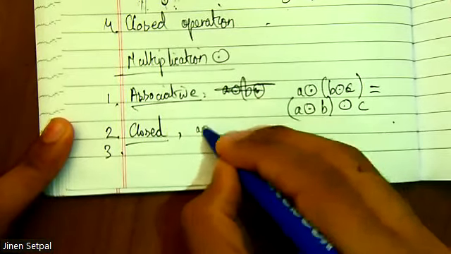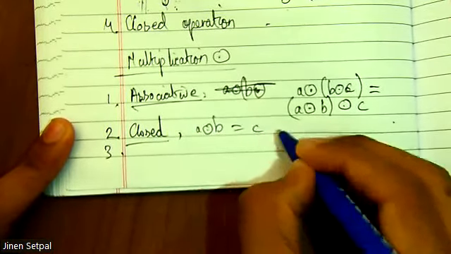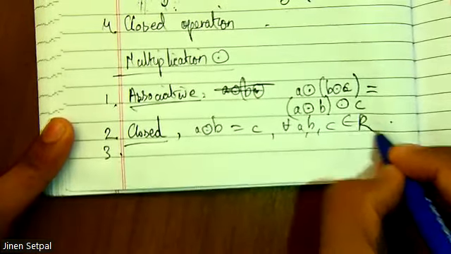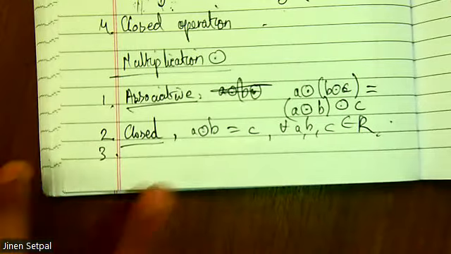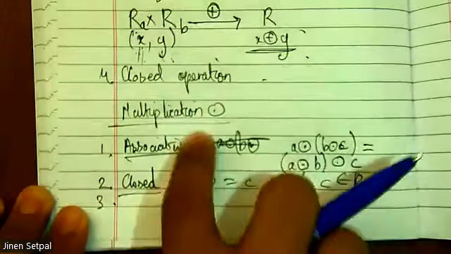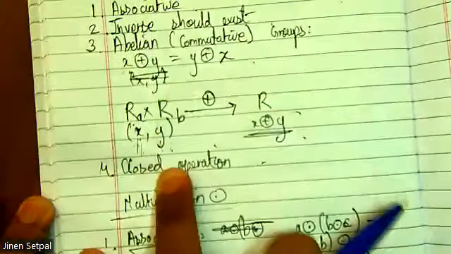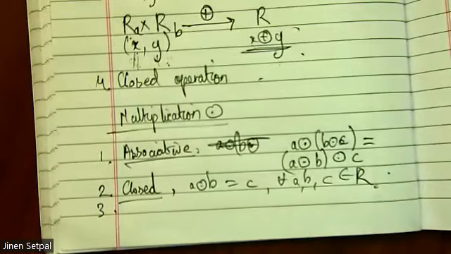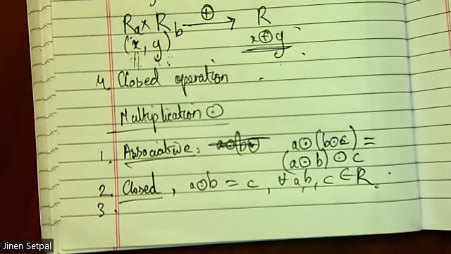By closed, I mean a dot b gives us c, and all of a, b, and c belong to the ring. So assuming these two properties are met for the multiplicative operation, and these four are met for the additive operation, we get our complete ring.